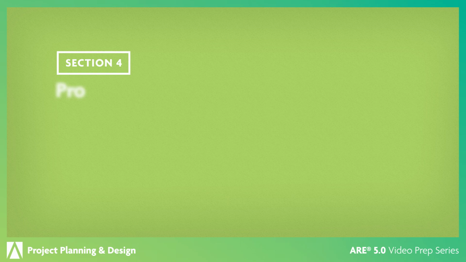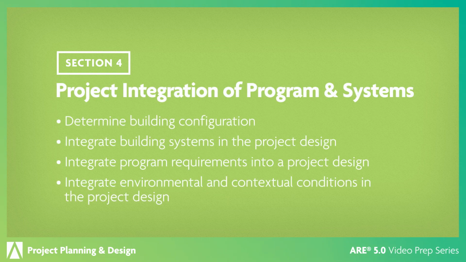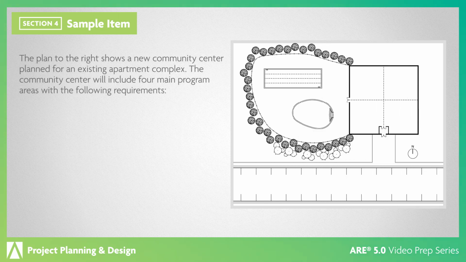In the Project Integration of Program and Systems section, you'll pull together all the decisions from the previous 3 sections regarding environmental conditions, code, systems, and assemblies. This is the largest section in the Project Planning and Design division. Let's look at a sample question. This plan shows a new community center planned for an existing apartment complex.